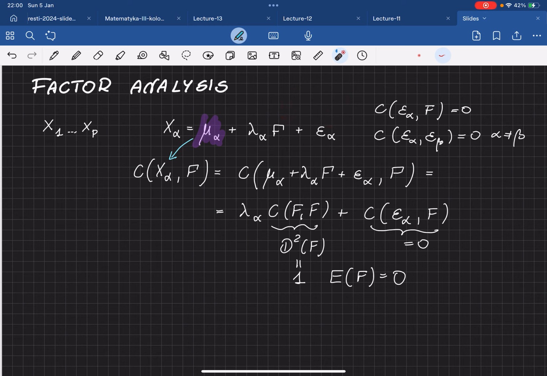So it means roughly that f is a standardized variable. So assuming that we have chosen this factor to be standardized, we get the interpretation of lambda to be the value of the correlation between the factor and our variable x.